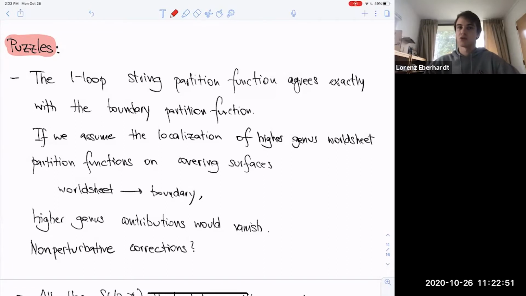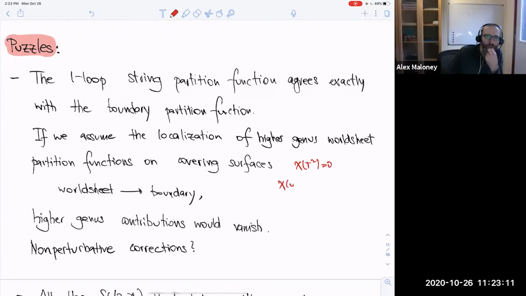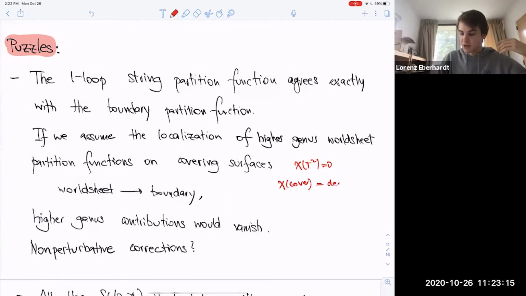So in particular, if you're computing now a partition function on a higher genus worldsheet, but the boundary is still a torus, then this would tell you that this has to vanish. The reason is just that the torus, the only holomorphic coverings of a torus are again tori. That just follows from the Euler characteristic of being 0, and so of any cover, if you compute the Euler characteristic, is the degree of the cover times the original T2, so it's still 0.